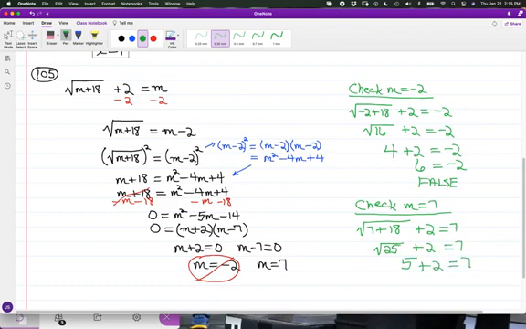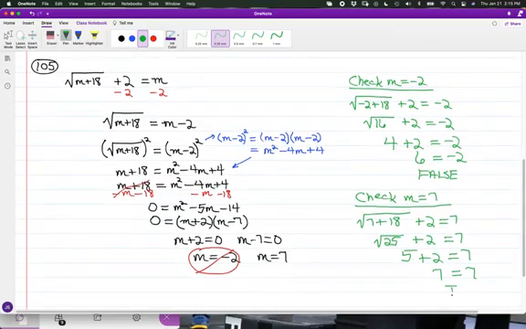And looking at what we have on the left, we have 5 plus 2, that goes to 7. To the right, I already have m at 7. That part is true. So we have consistency with m equal to 7. So that works. So for this equation, we have only one solution, and that is going to be 7.